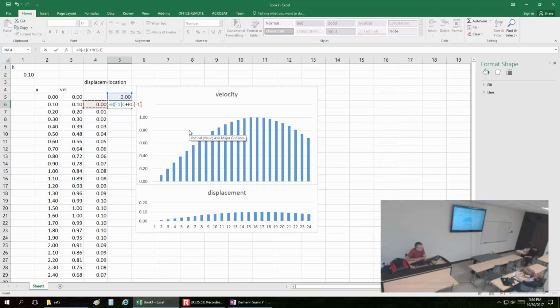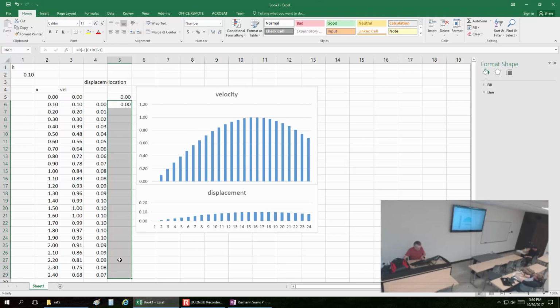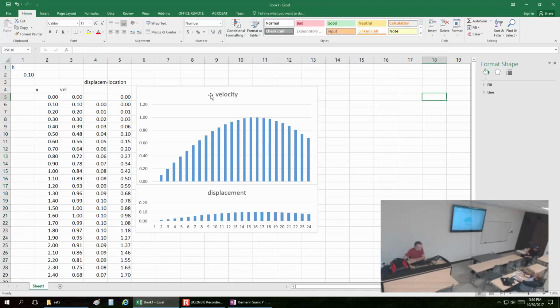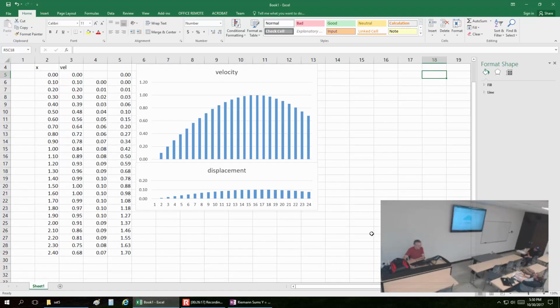Previous location, just above, plus the most recent displacement, the one to the left. So it tells us 0, but really, as you can see, it keeps changing, so these positive numbers have been added together one by one, and as you can see, we're progressing forward, even though not at a constant speed, but at some point we speed up and then we're slowing down.